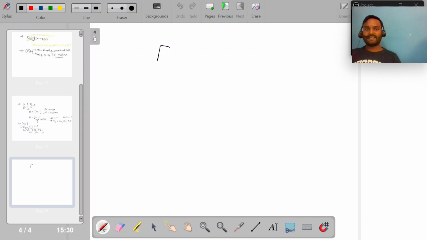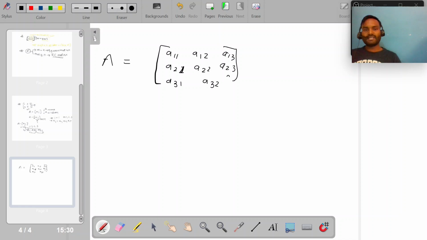If we write a matrix A equal to a11, a12, a13, a21, a22, a23, a31, a32, a33, here i is equal to 1, i is equal to 2, i is equal to 3, meaning this is the first row, the second row, the third row.